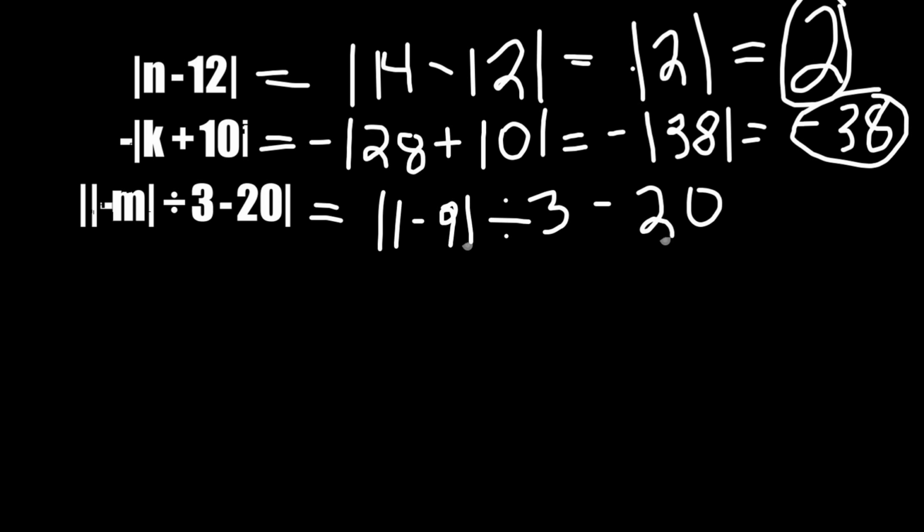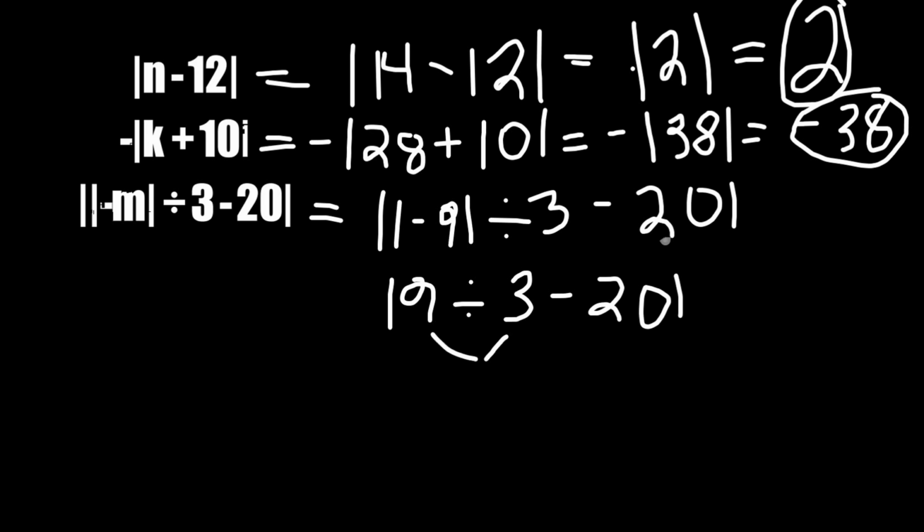So first we have to do the absolute value that's inside, which is negative 9, and the absolute value of negative 9 is 9. So that will give us the absolute value of 9 divided by 3 minus 20. So 9 divided by 3 is 3 minus 20.